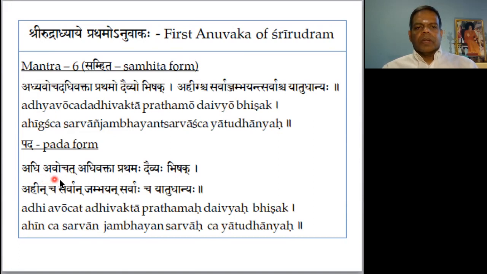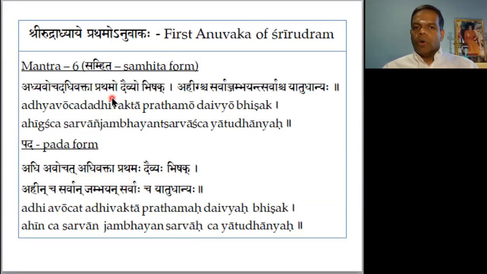Okay. 'Avochat', this 't' and 'a' combine. So the 't' actually changes into the 'd', the third letter in the Tavarga. So that's how it becomes 'vochad'. Okay. So those are two sandhis, just to give you an explanation.